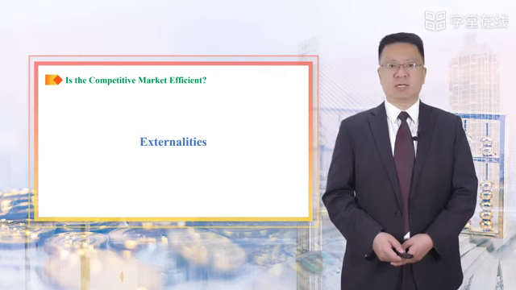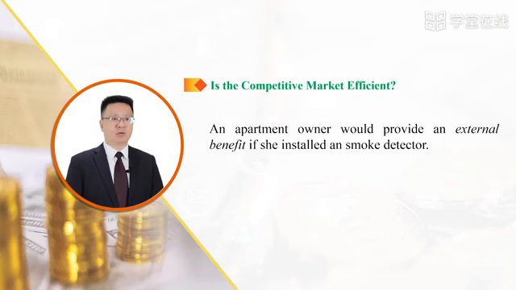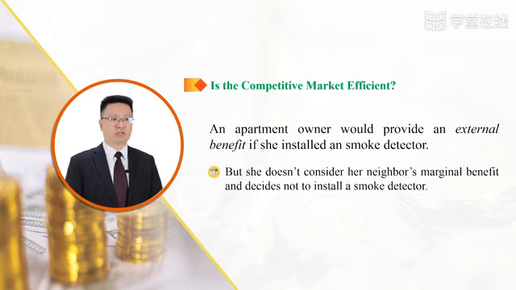The utility doesn't consider this cost when it chooses the quantity of power to produce. Overproduction results. An apartment owner would provide an external benefit if she installed a smoke detector, but she doesn't consider her neighbor's marginal benefit and decides not to install a smoke detector.